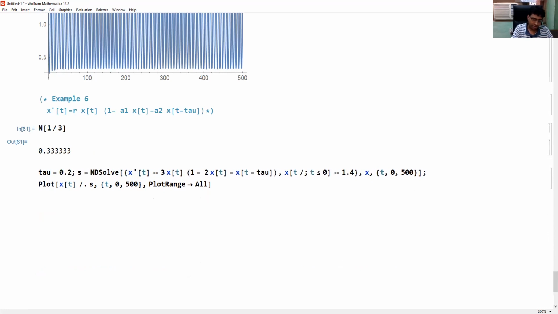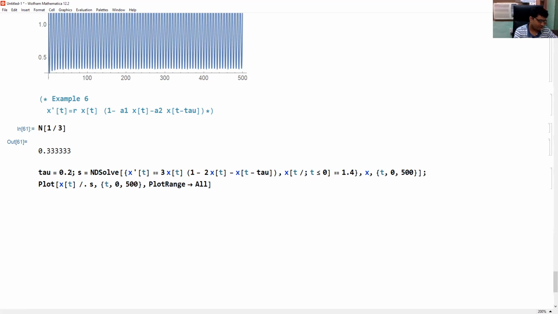The result is that x1 star, that is 0, is unstable, and x2 star depends on a1 and a2.